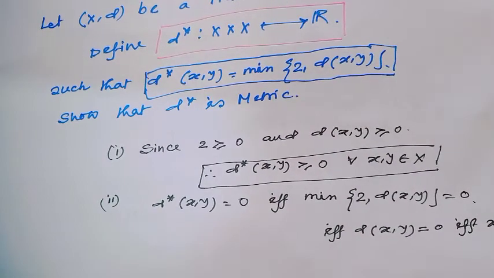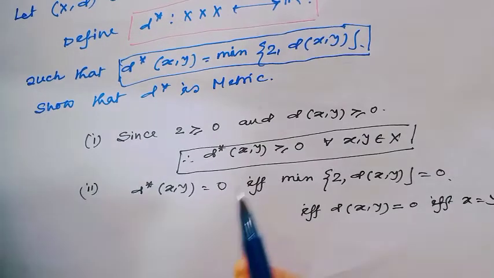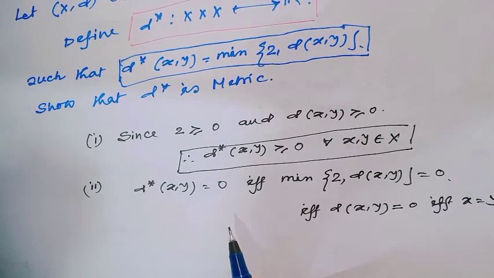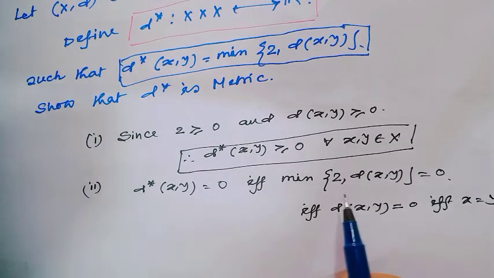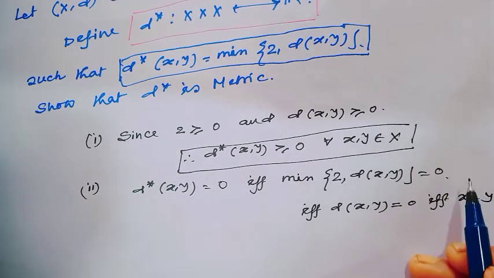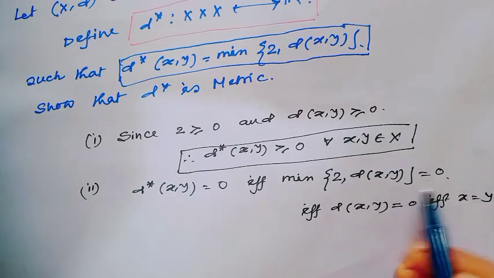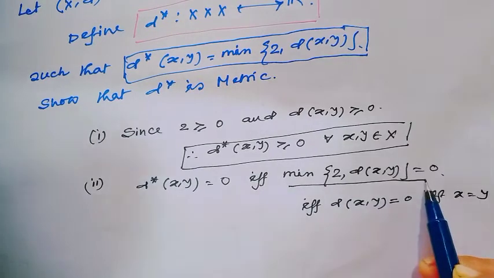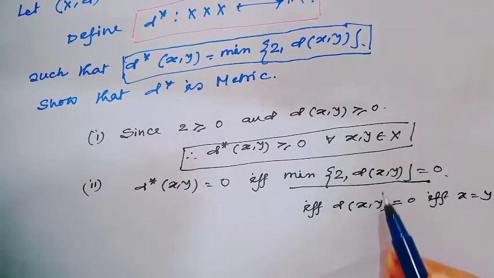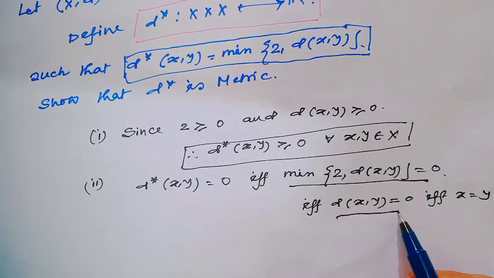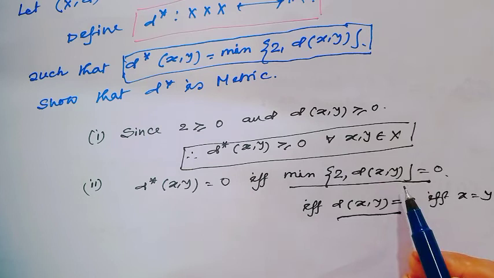Second condition: D star xy equals 0 if the minimum of 2, D of xy equals 0, and this term equals 0 obviously when D of xy equals 0, because otherwise 0 is not possible.